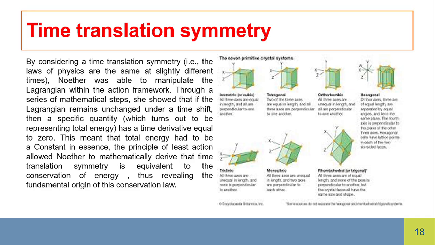But our universe does not have perfect time translation symmetry. Over large time scales, we have observed that the universe is not only expanding, but its expansion is getting faster and faster. This means that the universe is not the same as it was billions of years ago, and it will be different billions of years from now. So over large time scales, the universe is not symmetric in time.